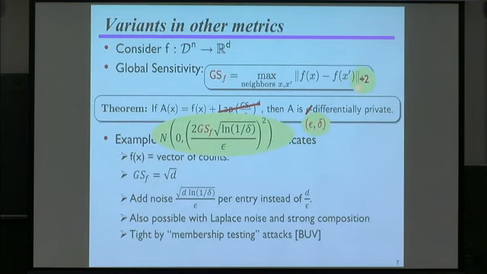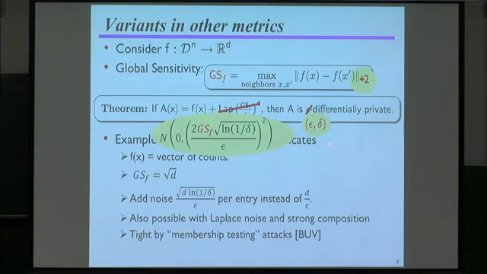There's a variation on this. Maybe the distinction isn't so important for this. Well, okay, I'll talk about it anyway. One can, instead of using the L1 norm, use the Euclidean norm to measure the effect of a change on f of x. And then you can still use the Laplace noise, but it's even more elegant to use Gaussian noise in that case. And then you get this variation on the definition with the delta in it.